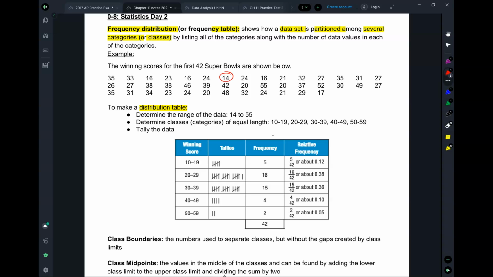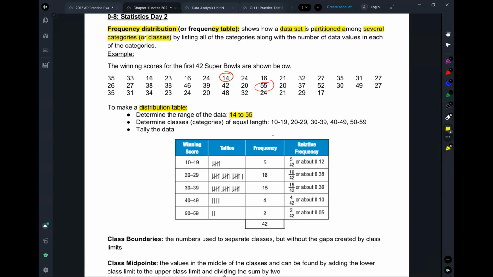What seems to be the highest one here? 55, right? So it starts in the 10s and goes to the 50s. So when you make your classes, maybe I can divide them into classes of 10s, right? So the range of the data is from 14 to 55. That's what you have to do first, okay?